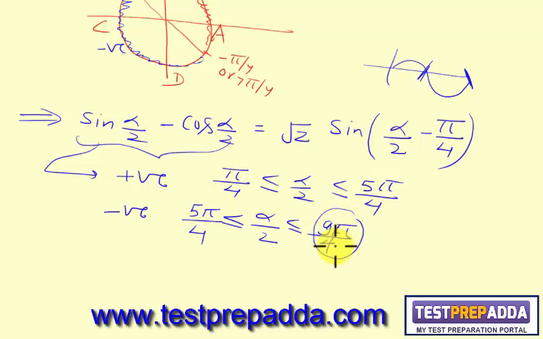And this 9 pi by 4 is actually 2 pi plus pi by 4, nothing but pi by 4.